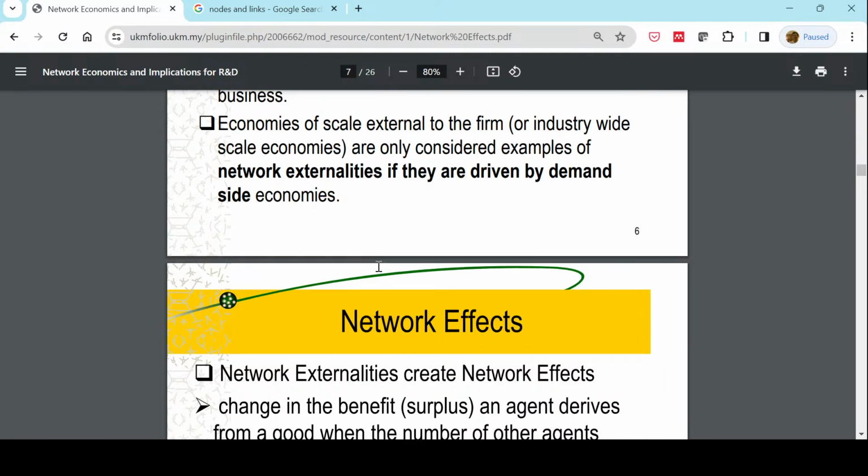Before I go on, one economist, Paul Krugman, I hope I have his textbook here.